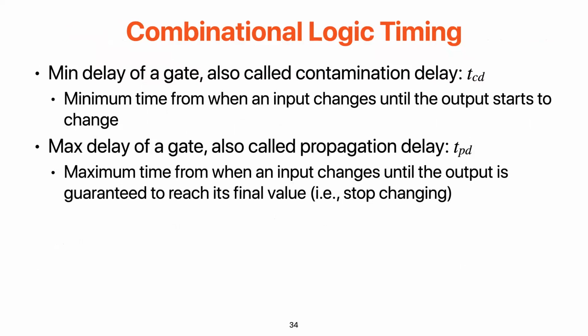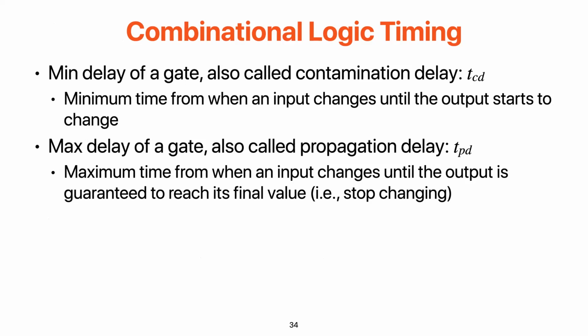The minimum delay of a gate is called contamination delay. And usually we use tCD to represent that. It's the minimum time from when an input changes until the output starts to change. So you can imagine it's the minimum delay before the output will start to change.